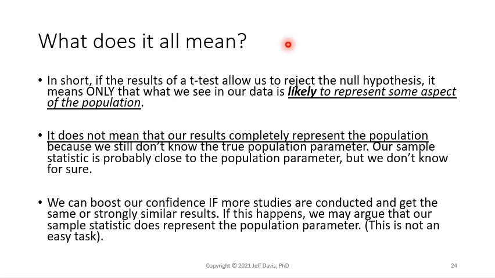If you reject the null hypothesis, it means your data probably reflects some aspect of reality, but only a very narrow slice, right? The slice of reality that you actually tested. And you don't want to make more of it than that.